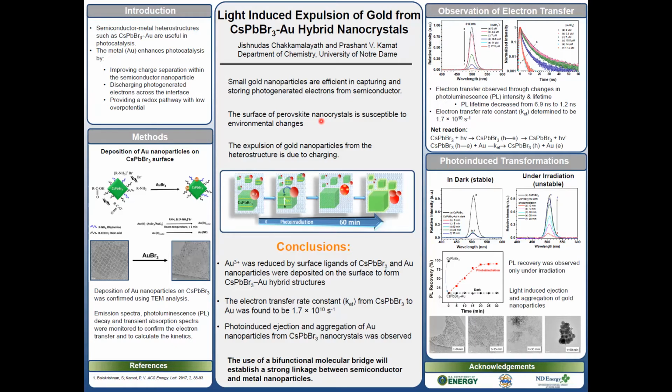So that's my aim, by using a bifunctional molecular bridge. I don't need to add the ions. Instead, I can directly add gold nanoparticles, which are already synthesized with the capping agent, which should be a bifunctional molecular bridge.